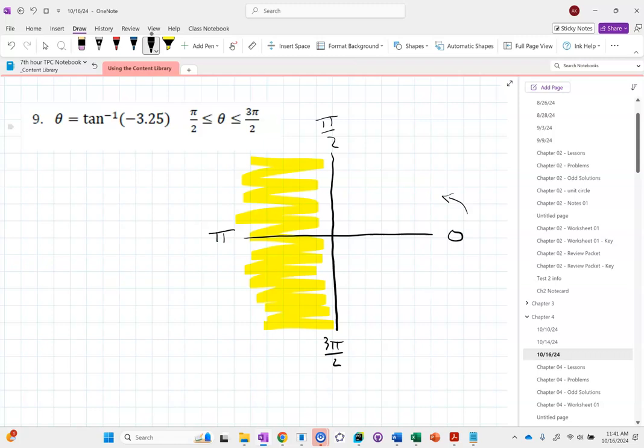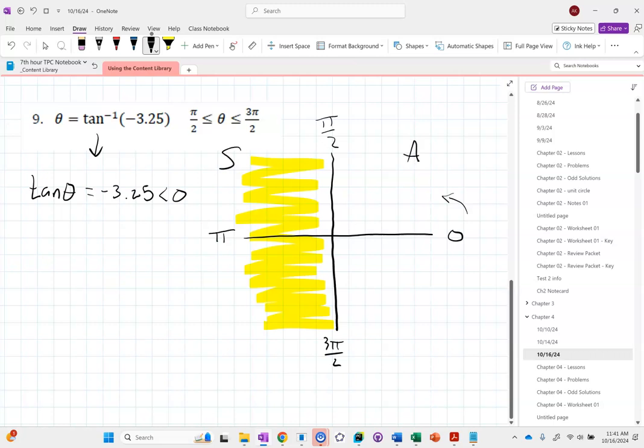Okay. Next, I'm going to use the equation. So theta equals tan inverse of negative 3.25 is the same as just saying tan theta equals negative 3.25. Or that basically tangent is negative.